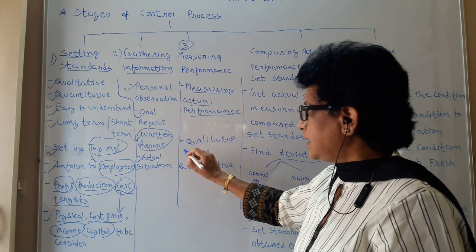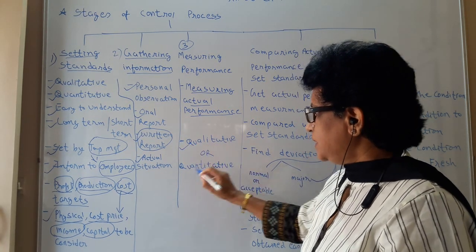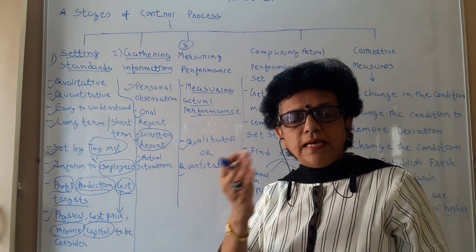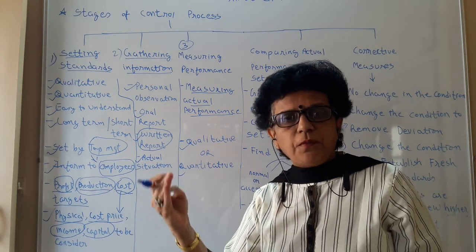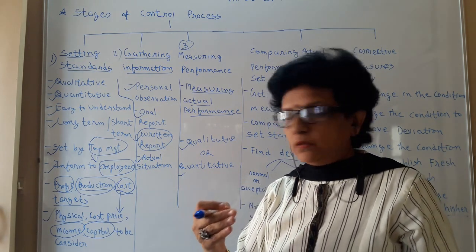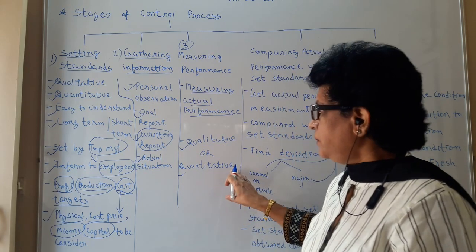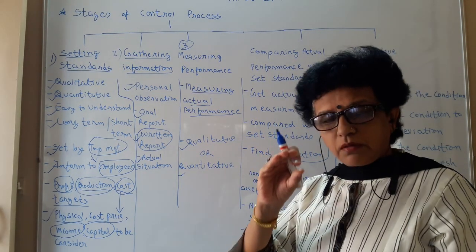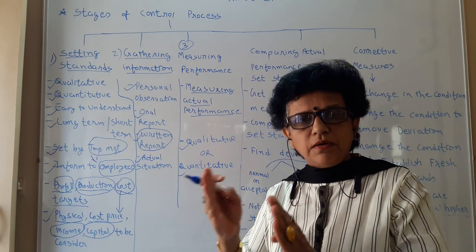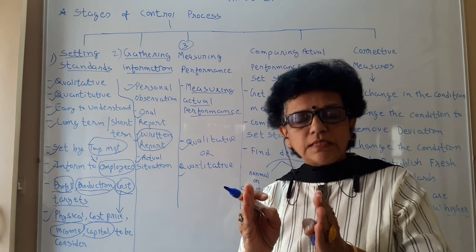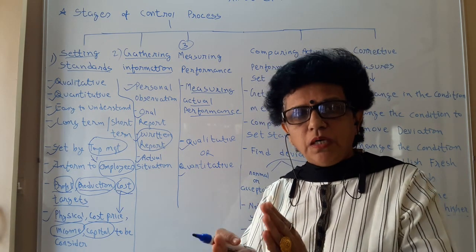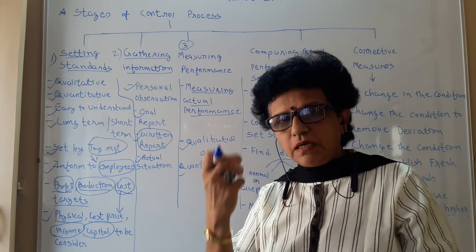Now this measurement can be done as qualitative measurement and quantitative measurement. Quantitative measurement means that per unit production, if possible, you can count and measure. Qualitative means that certain things cannot be measured in quantity form, but with the result, the perfection and the sincerity of doing work, the quality always comes out.